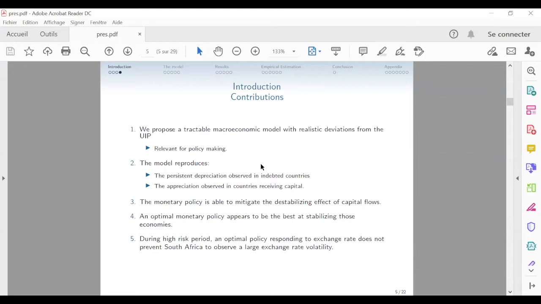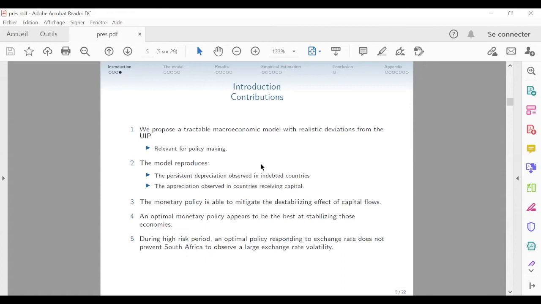Then our model shows that monetary policy is able to mitigate the destabilizing effect of capital flows. And our results suggest that an optimal monetary policy appears to be the best at stabilizing those small open economies receiving destabilizing capital.